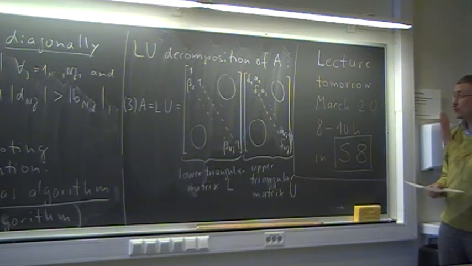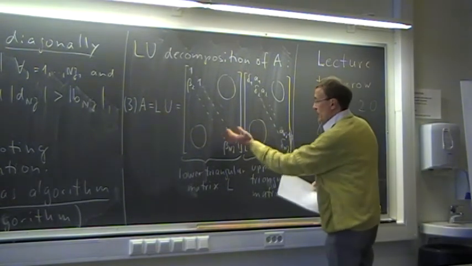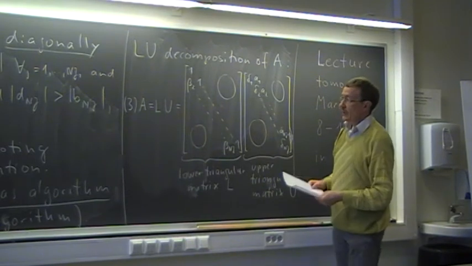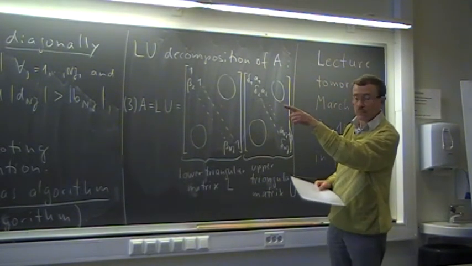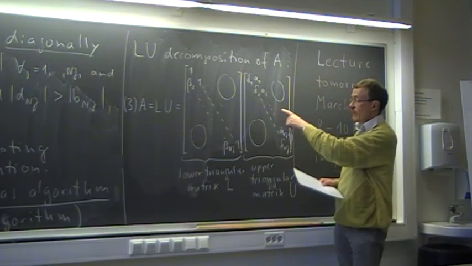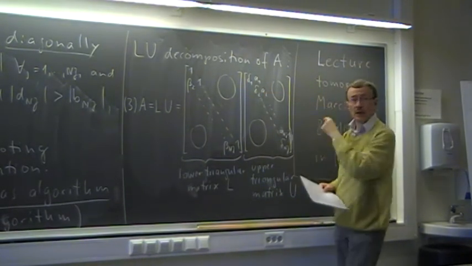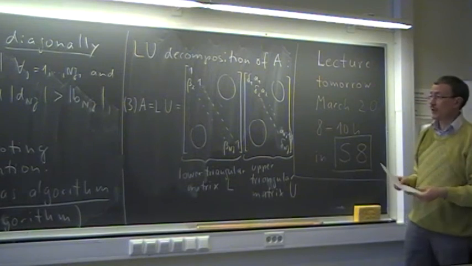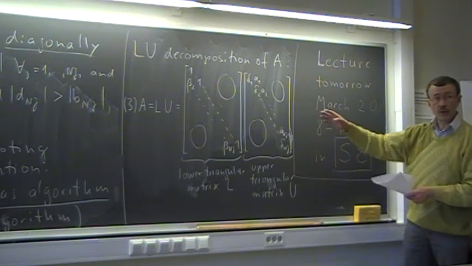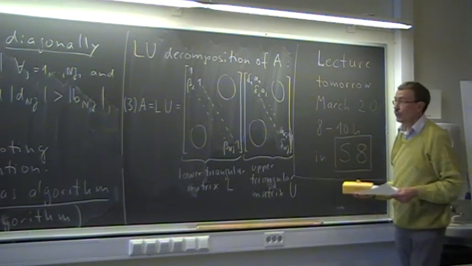What we simply want to do is this matrix multiplication and equate it with A. Then we shall see that we can find out what the betas and the deltas should be. The A's are unchanged. So we just do this matrix multiplication LU.